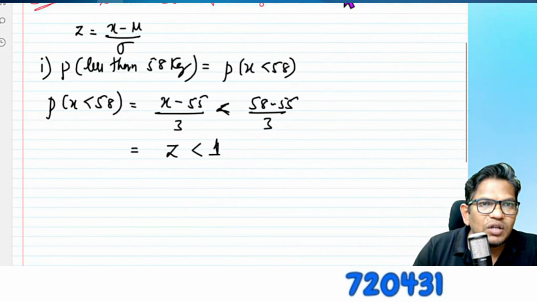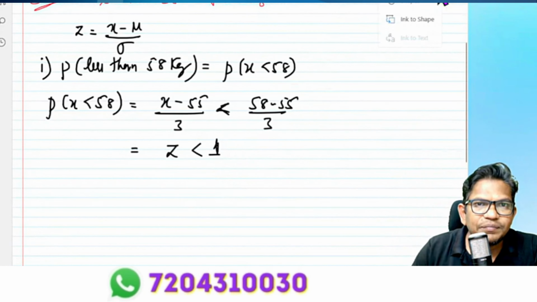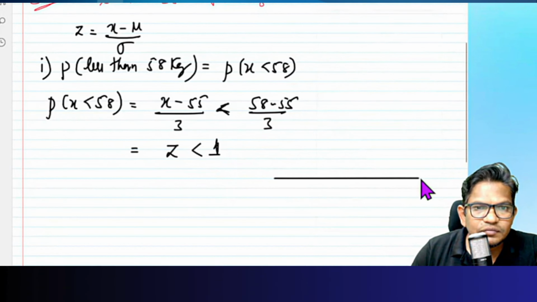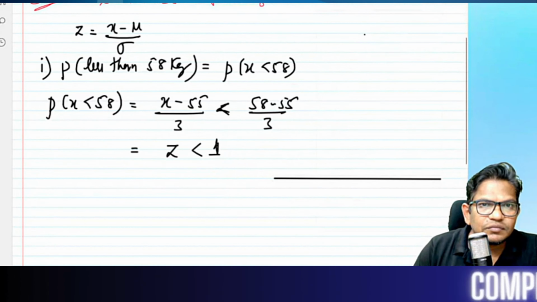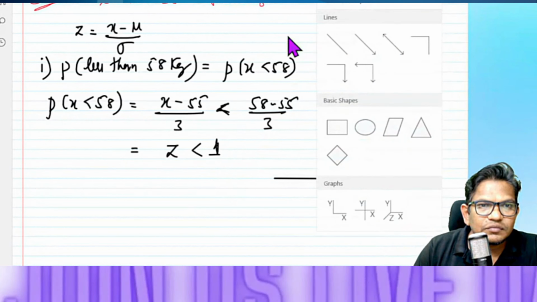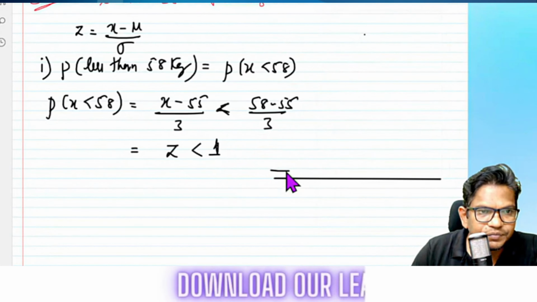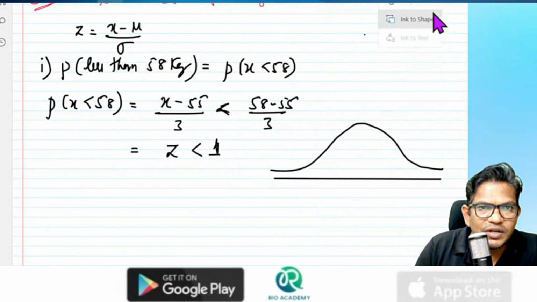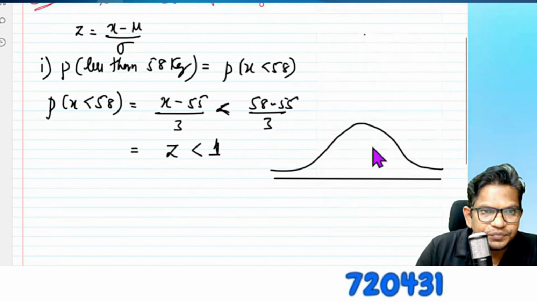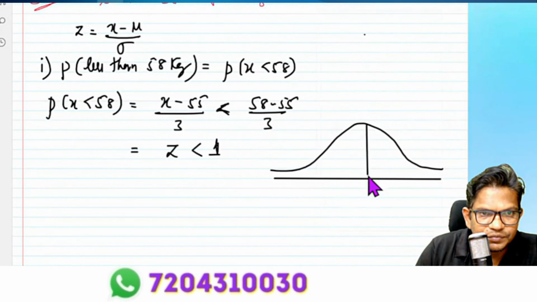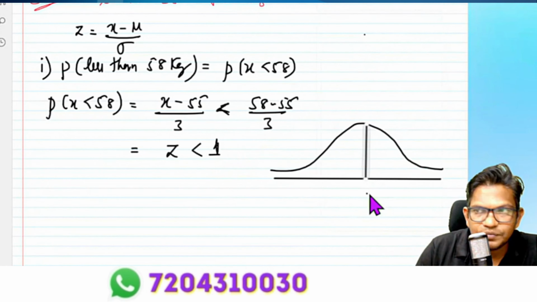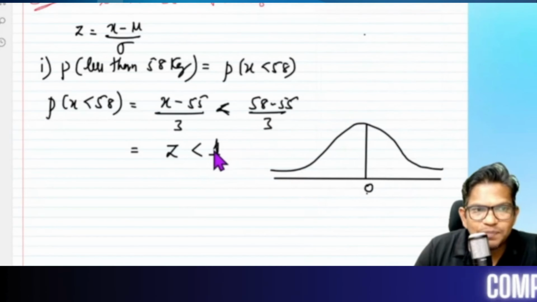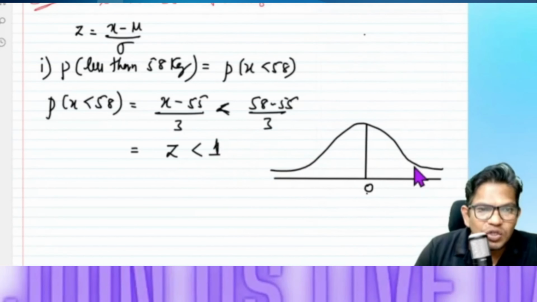If you draw this in a bell curve, this is your center point, and this is your 0. Z is less than 1, and 1 is positive, so it comes here.